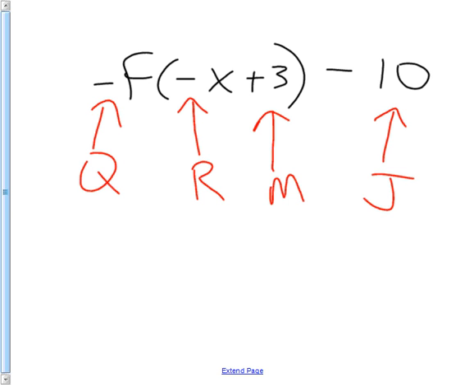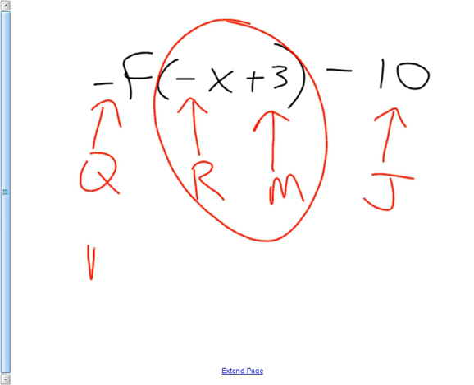But back to this. Here's our 4 letters, and I start on the inside. So if you didn't start with M or R, I am very disappointed. Of the M and the R, which one would normally be first? R would normally be first, but since we're on the inside, M is first.